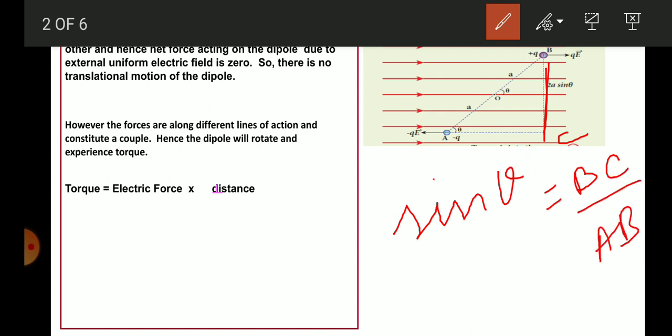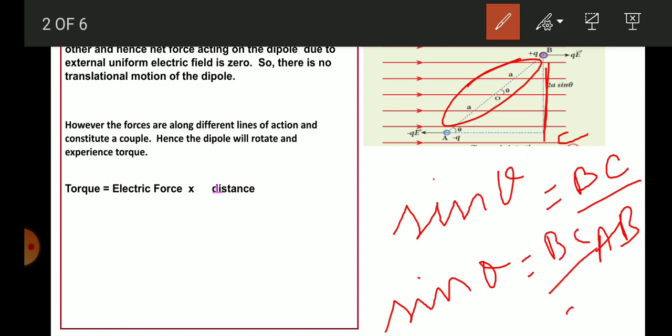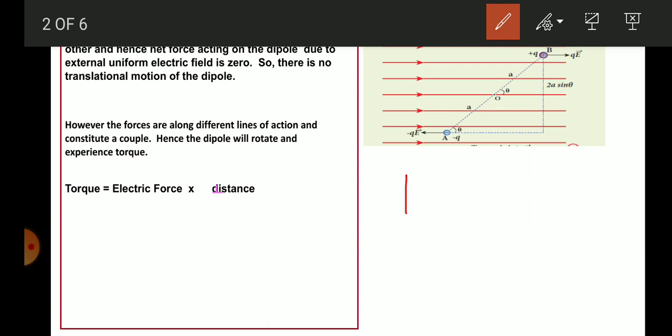Then what is the total value of AB? It is 2A. So let me write AB as 2A, so sin theta is equal to BC divided by 2A. I want to calculate BC, then BC is equal to 2A sin theta.